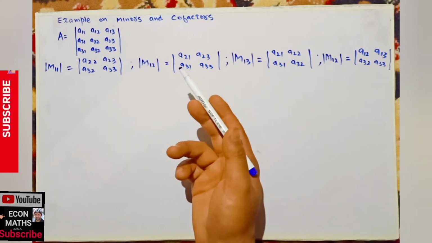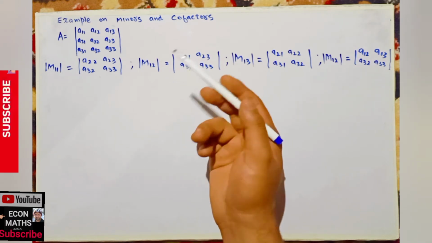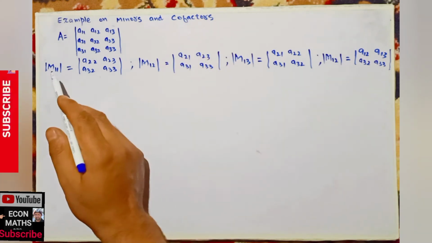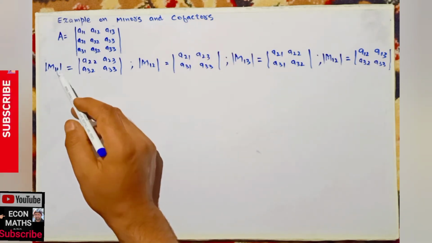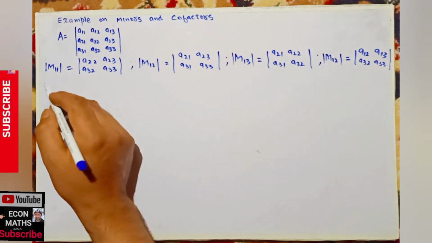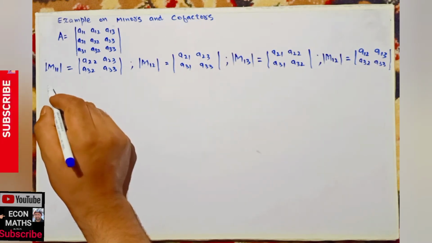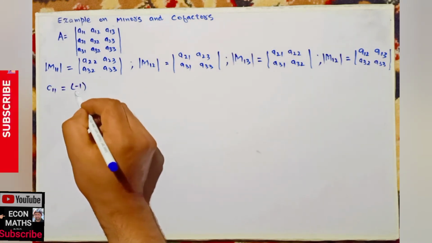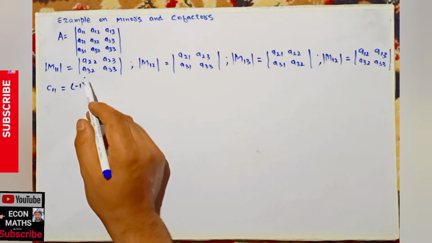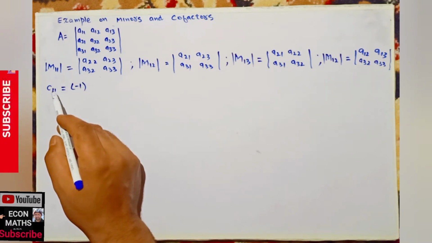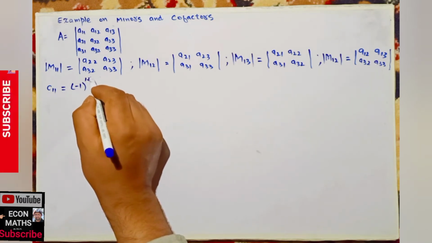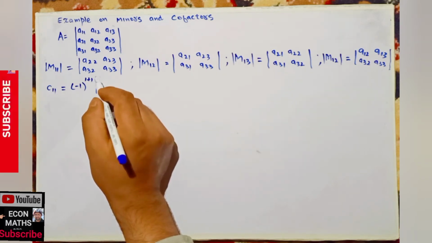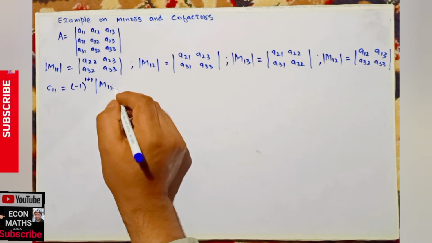Now the cofactor is a minor with proper sign. The cofactor C11 is given by taking -1 and raising it to the power of the addition of the subscripts, that is 1 plus 1, and multiplying this by M11.